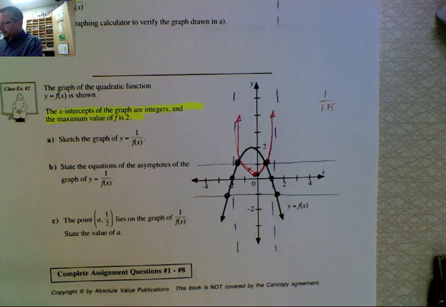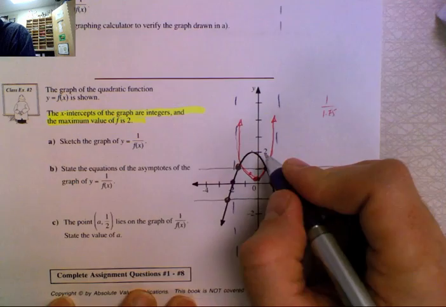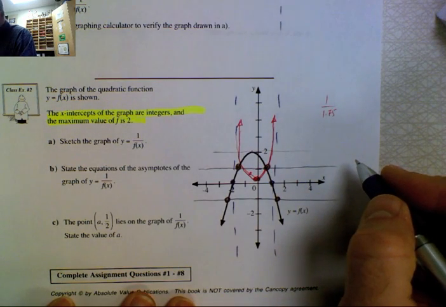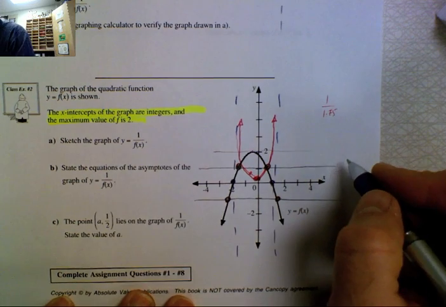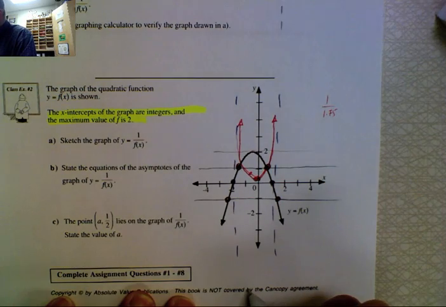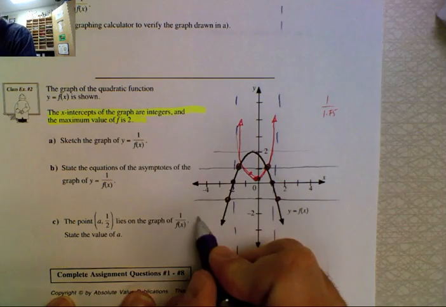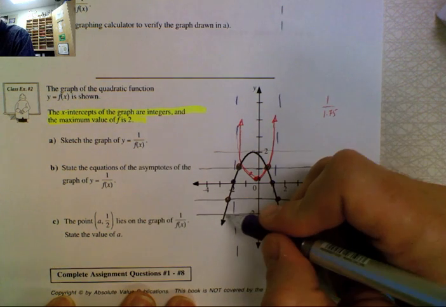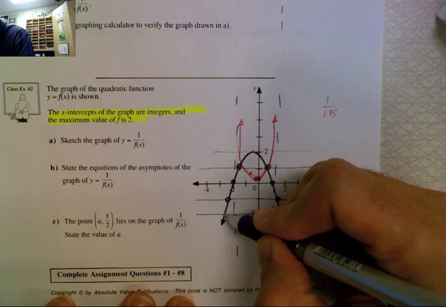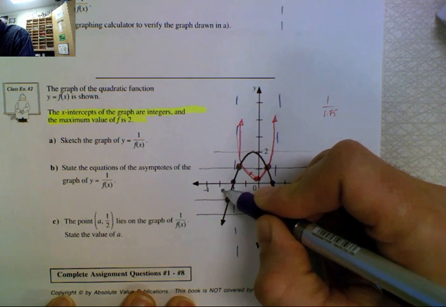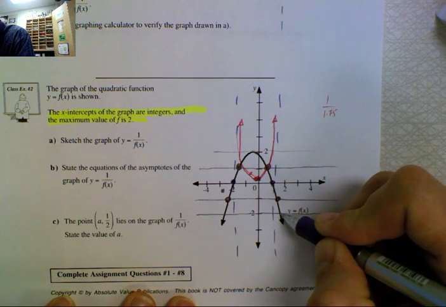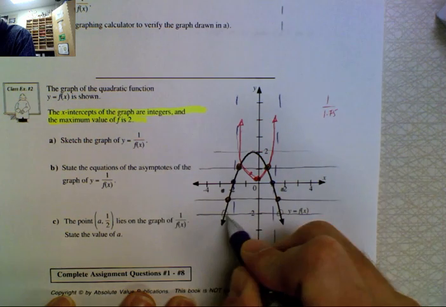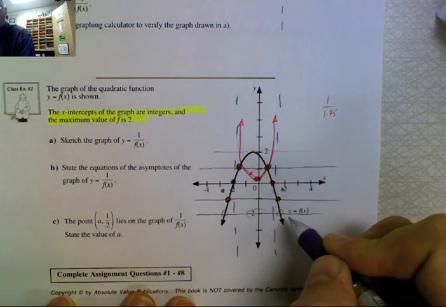Okay? Now, the other thing it asks us to do is look at y equals 2. We don't really have any points other than that maximum point on that graph, so what about if we look at -2? That's another good point to look at. These points that are at -2 are going to become -1/2 when we take their reciprocal. So basically what I'm doing with these 2 points is I know they have y values of -2.